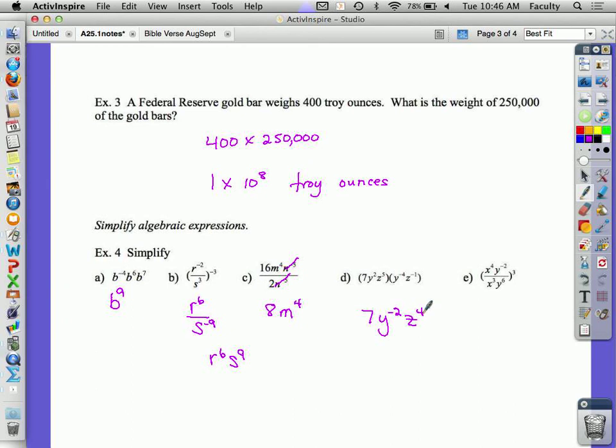Remember, no negative exponents are allowed.